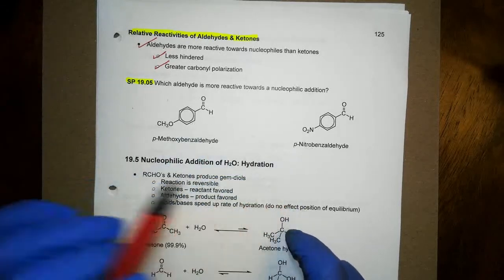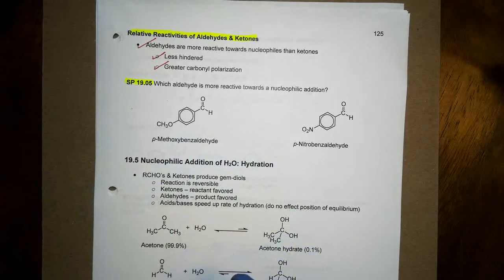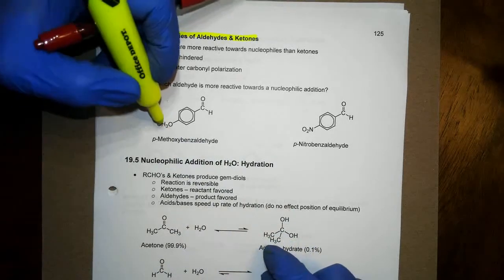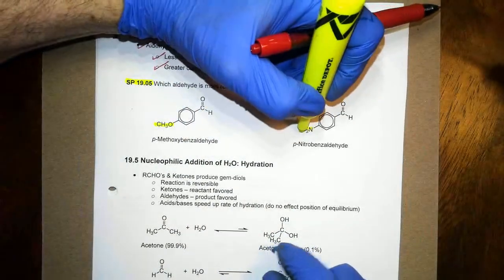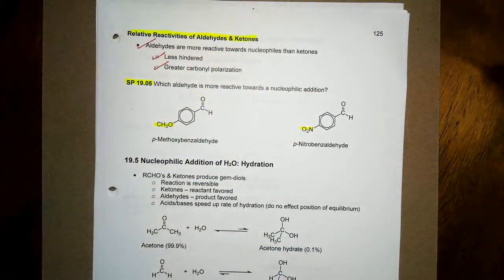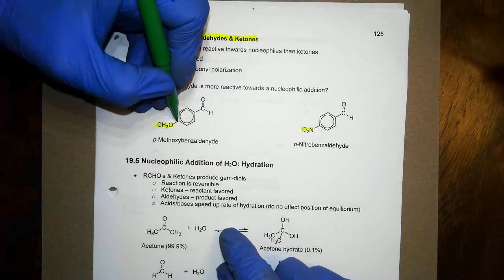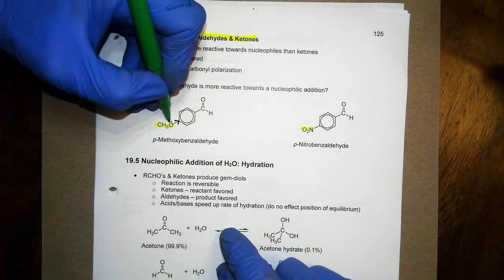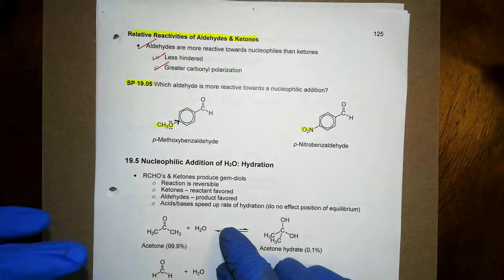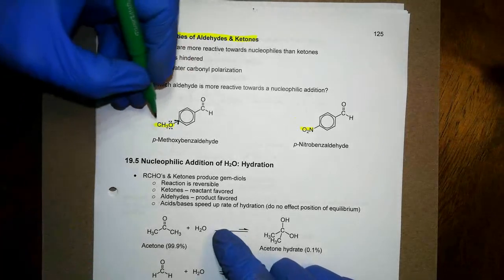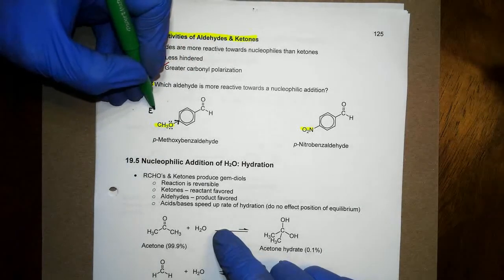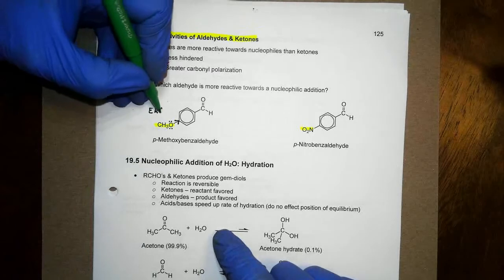Both of these are benzaldehyde derivatives, right? But what's distinct about them is the group that you have here at the para position. Now, you have to think back again to chapter 16 about what these groups represent and how they behave chemically. Recall that this group here has these lone pairs. It doesn't have to have a lone pair there, but in this case it does. These are electron releasing groups, ERG.